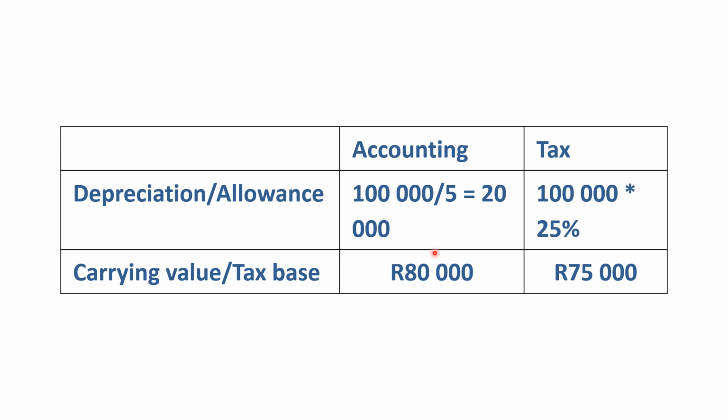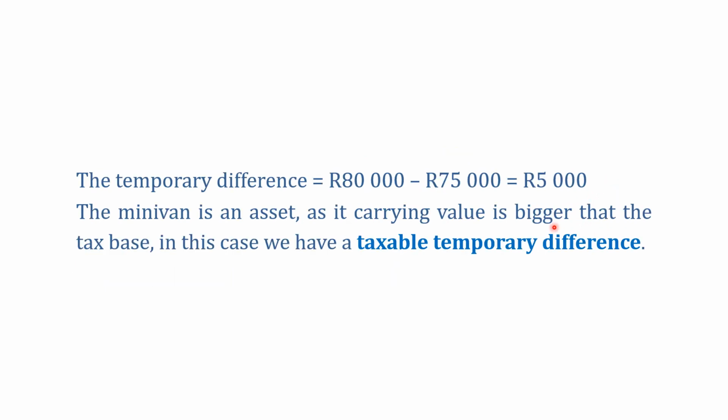Okay, so if you check the carrying amount of the asset from an accounting perspective, it's going to be 80,000, which is 100,000 minus 20,000. However, the tax base of the same asset is going to be 75,000, which is 100,000 minus 25,000. Now, there's a temporary difference of how much?